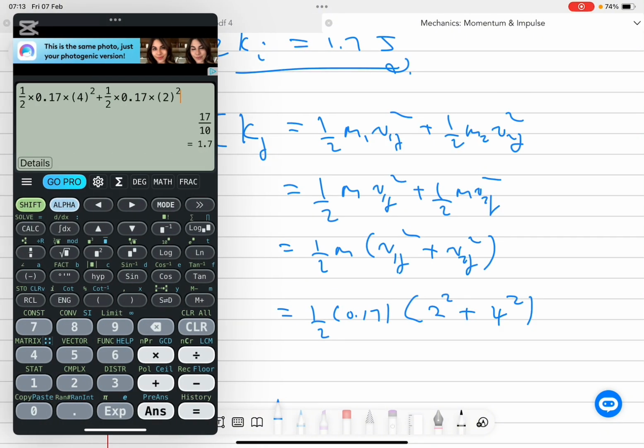Now from here we're going to simply use a calculator to say I have 1 over 2 multiplied by 0.17, and we have a 2 squared plus a 4 squared. It becomes easier to punch this on a calculator than to punch that, but it's a matter of preference. It is up to you. I get the same number here of 1.7 joules as well.